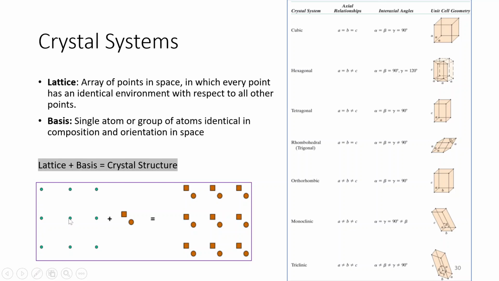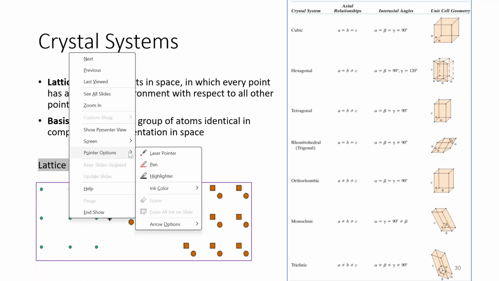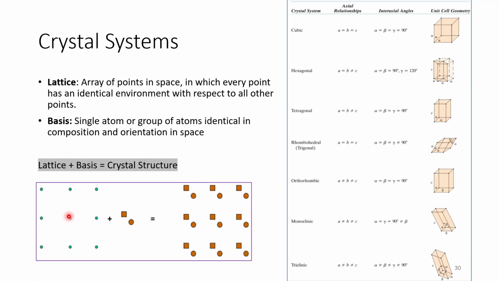For example, this atom has similar types of atoms as this atom will have. So the environment will be the same, and basis is a single atom or group of atoms identical in composition. It can be a molecule as well, which will be repeating on these lattice points.